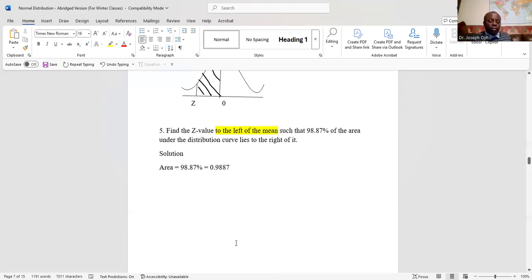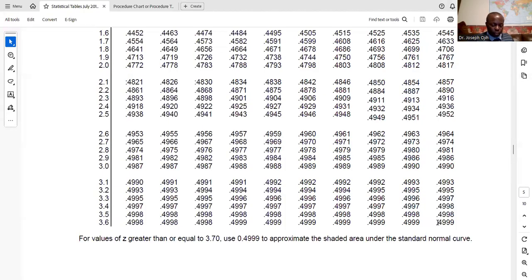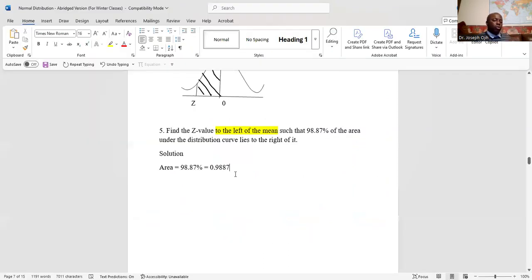Now if we look at the table here, you will discover that the largest number we have here is 0.4999. So we don't have the 0.98 group. Okay. So now, let me draw the chart first of all.